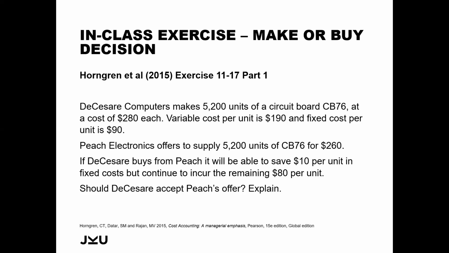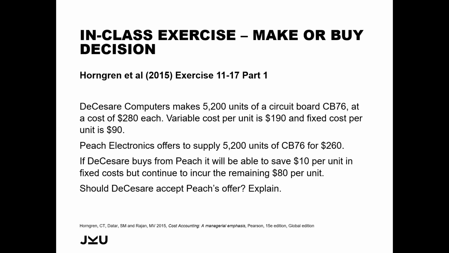However, if we purchase from Peach Electronics, we could save $10 of the fixed costs, a $10 saving, so to speak. The other fixed costs of $80 remain, which means whether we build those computer boards or buy them, $80 of fixed costs remain.